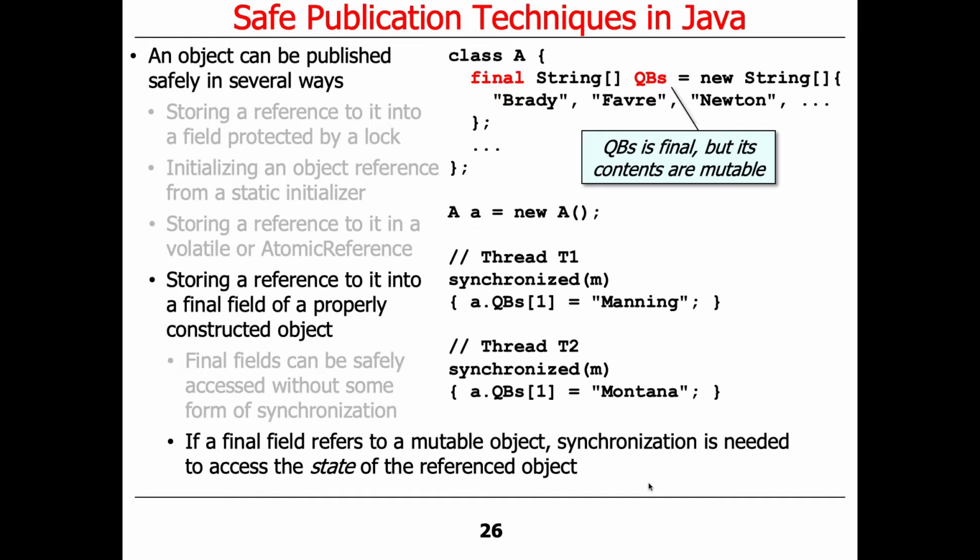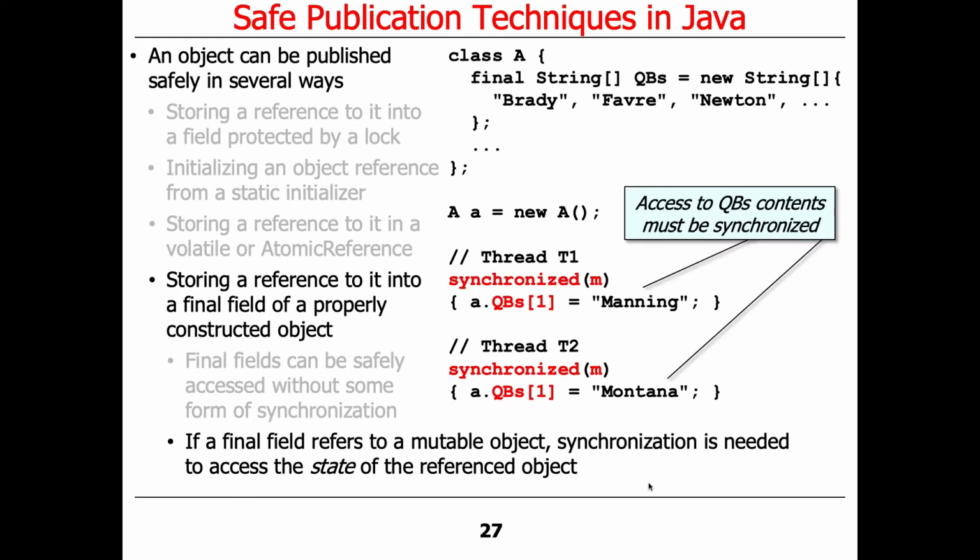You can't change that. But the contents of the QB's field, which is an array, can be changed. So down here, we could, if we wanted to, change QB sub 1 from Brett Favre to Peyton Manning or to Joe Montana or whoever, pick your favorite quarterback from whatever era. This has to be synchronized. Otherwise, there's no guarantee that the contents will be accessible, which is a little bit weird.